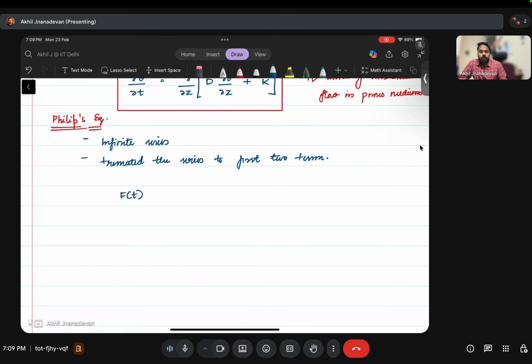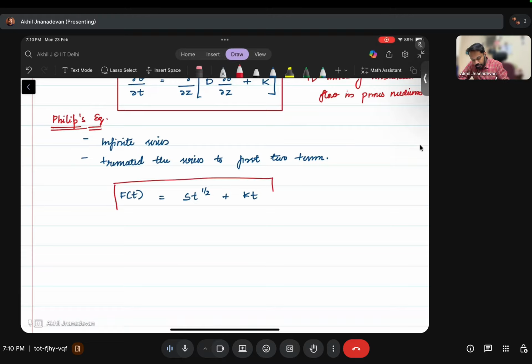So this is the cumulative infiltration depth, in the unit of meter or length unit. So it is not the rate. After each time, how much more and more water can be infiltrated is given by S t raised to half plus K into t. So we can look into the terms.